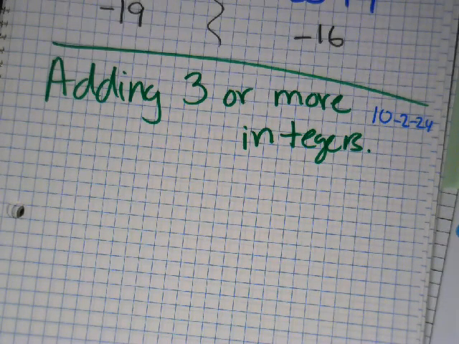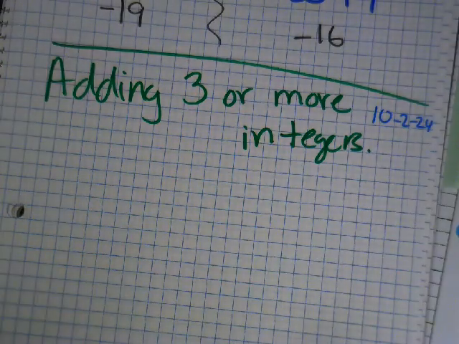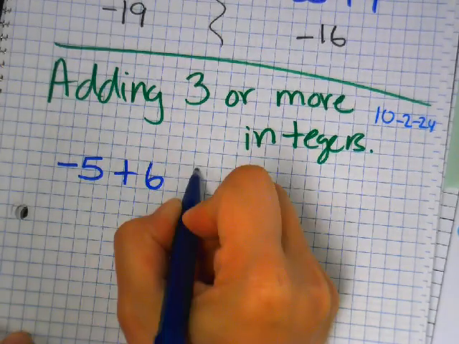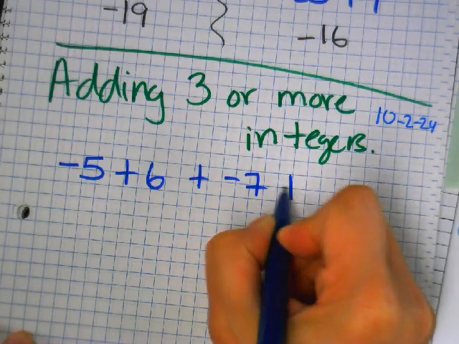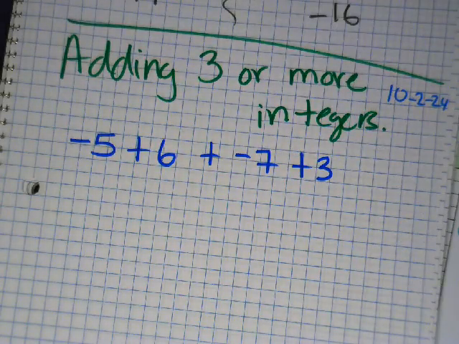Okay, so if I give you -5 plus 6 plus -7 plus 3, how many numbers did I just write down? 4. I wrote down 4 numbers, right? So who can tell me one strategy that I can use to add these 4 numbers?